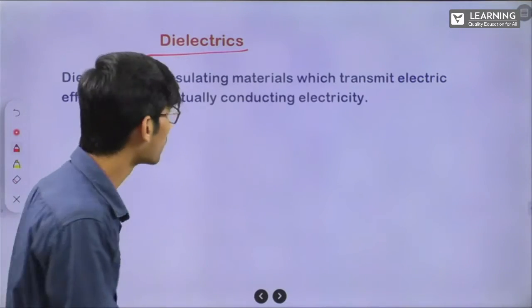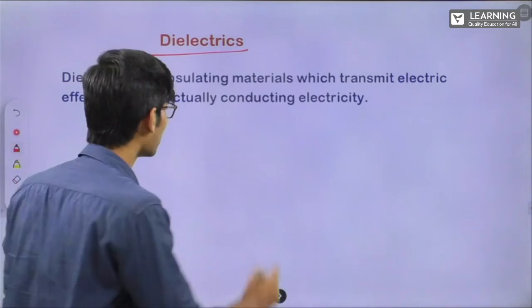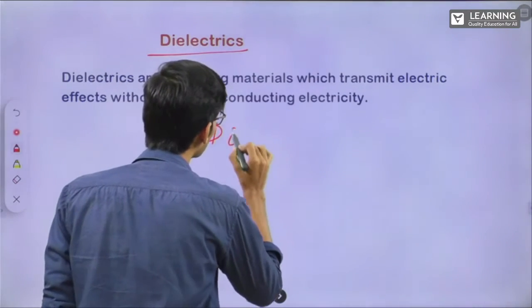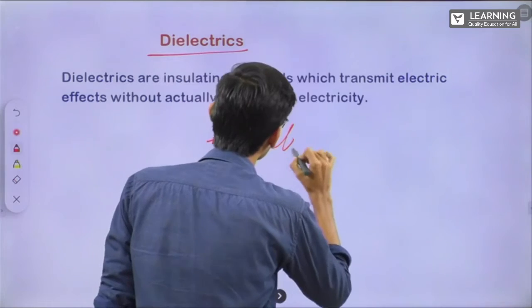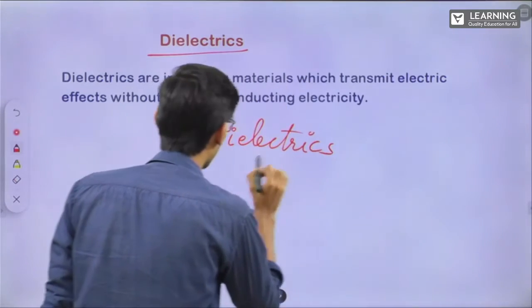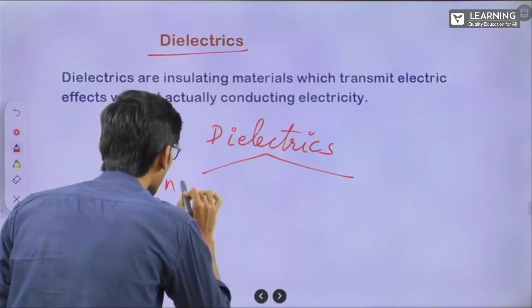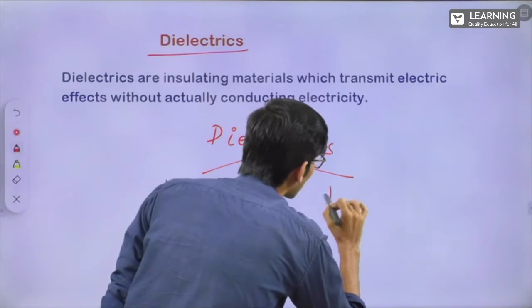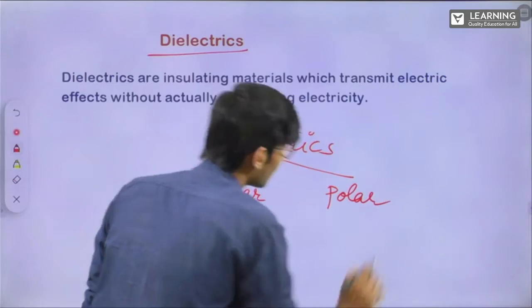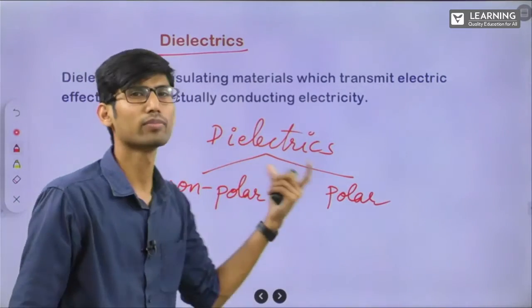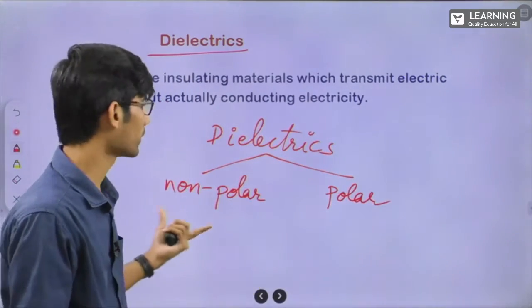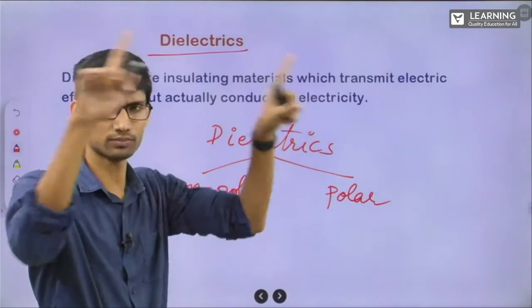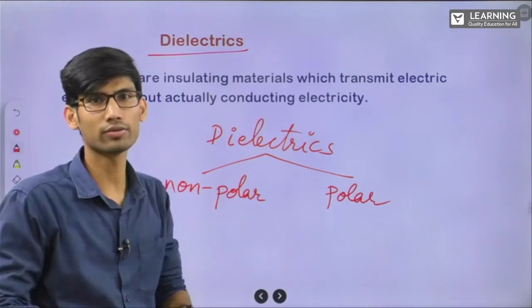Okay. So now there are two kinds of dielectric material. Dielectrics: there are two types. One is non-polar. One is polar. Okay. What is non-polar and polar? If you see it as a complete material, you will not understand.